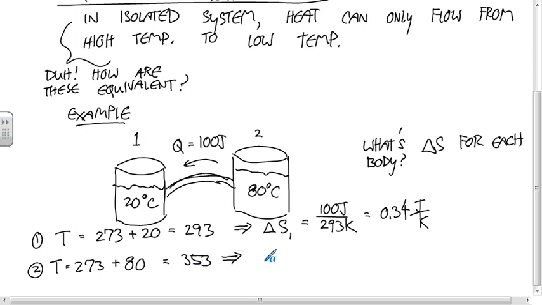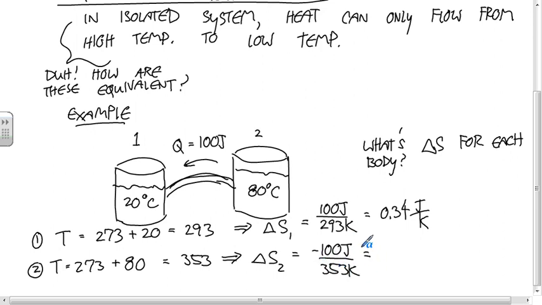And so the change in entropy, and now we have to think about these signs, okay? I sort of glossed over it, I guess, but body 1 was adding this energy, this heat, and so that was positive. But over here, now the 80-degree water is losing 100 joules of energy. So this is negative 100 divided by 353.